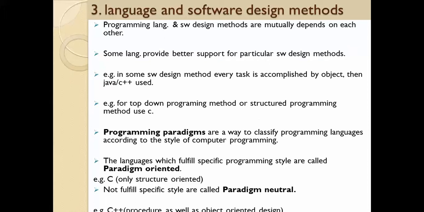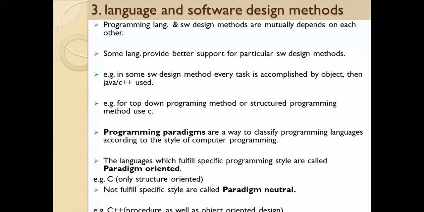The language which is paradigm oriented is the language which fulfills a specific programming style, right? For example, C. The C language is structure oriented, so it follows a particular style, that is structure. So this is a paradigm oriented language.